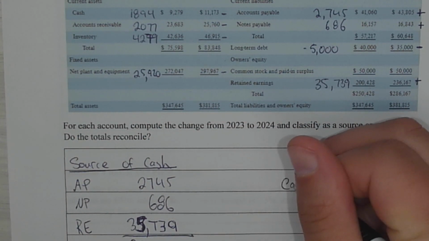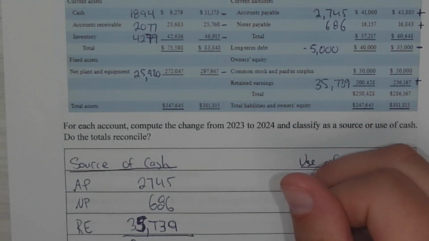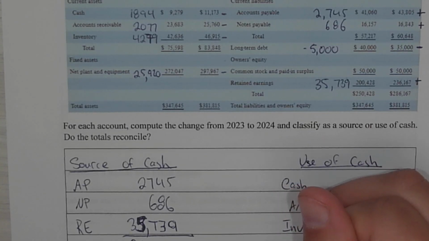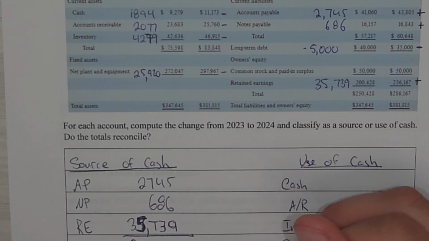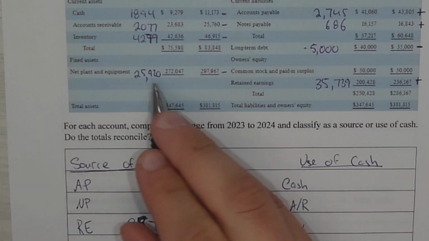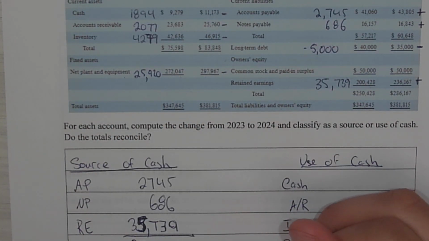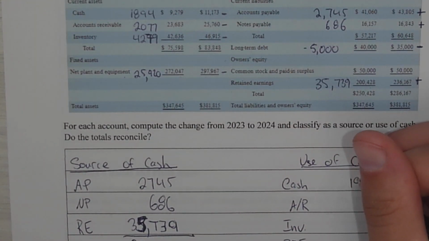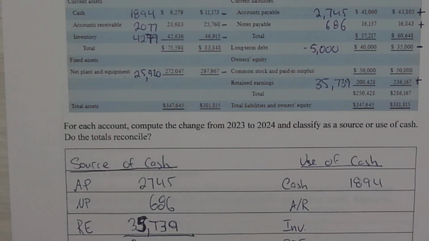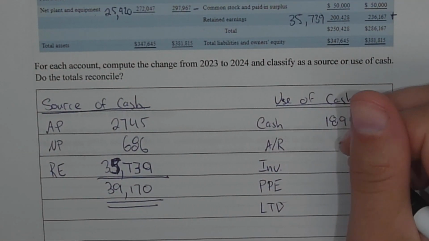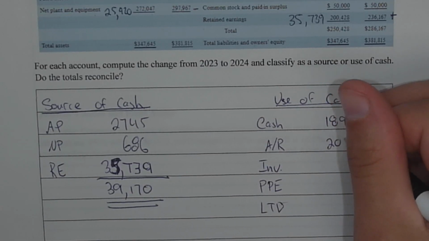which is cash, AR, inventory, our property, plant, and equipment, and our long-term debt. So 1,894. Our accounts receivable is 2,077.